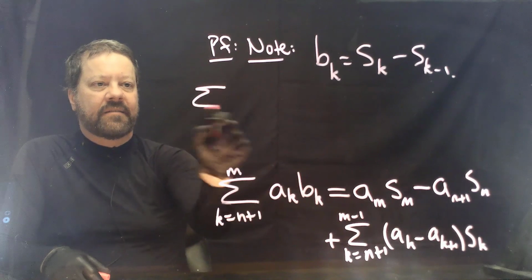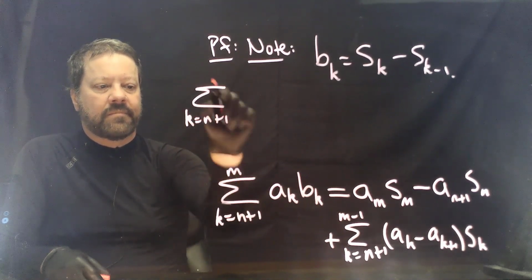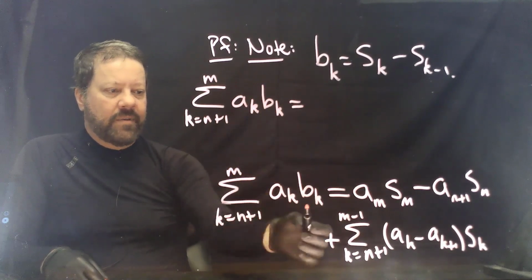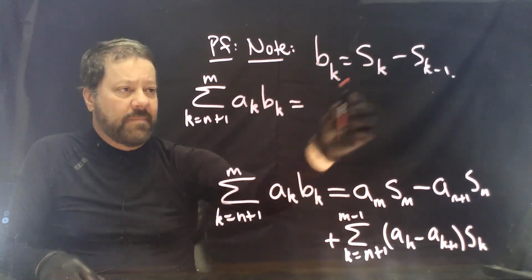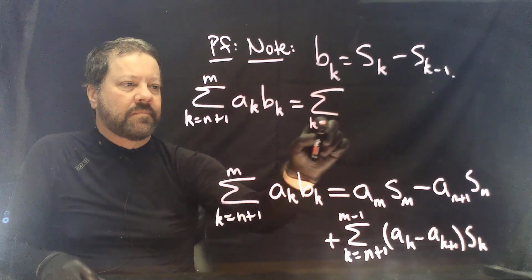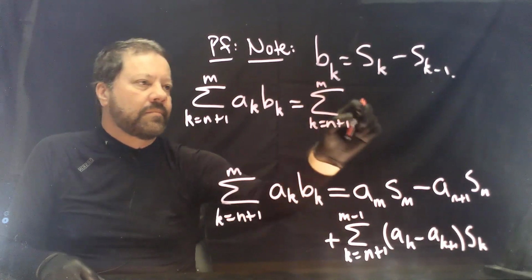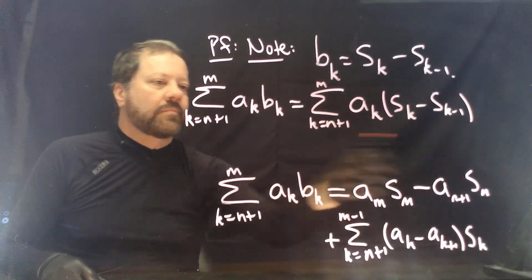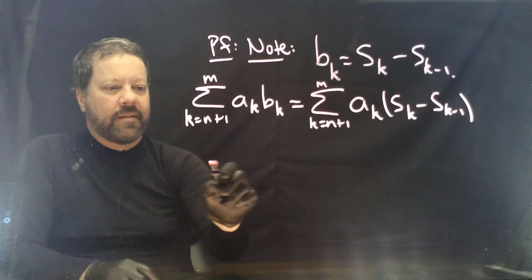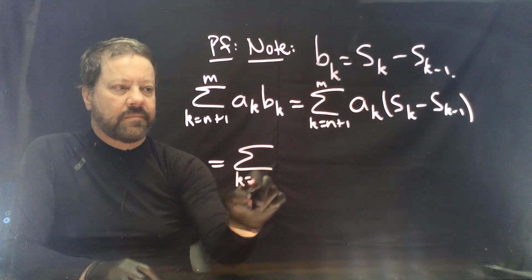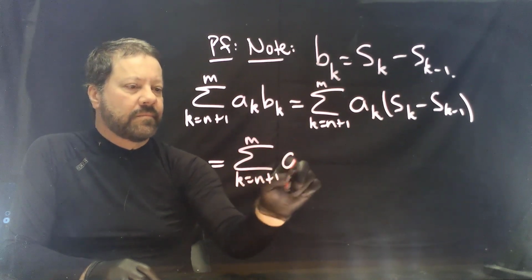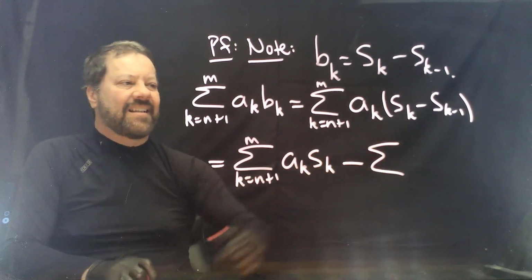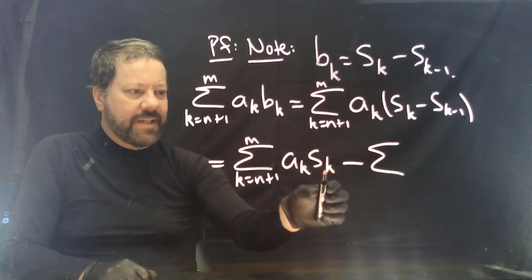So we'll begin with the left-hand side, and making this substitution, we can re-index this last sum so that they'll both have terms s_k.